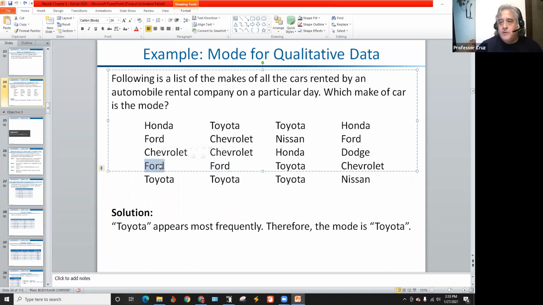I'm sorry, 4 Fords. So it's clear that the Toyota is the one that appears most frequently. So that's why it's considered the mode. And when you have non-numeric data, which is also called qualitative data, then you can determine the mode with that. Whereas with non-numeric data, there's no way you can calculate a mean and a median.